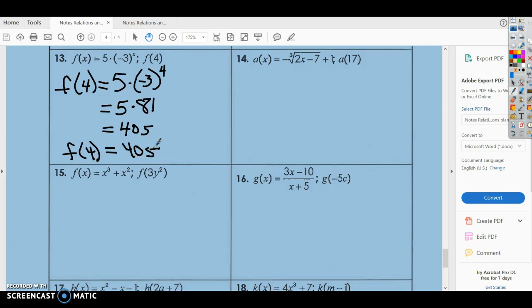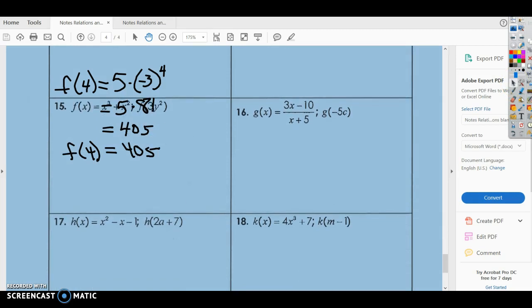Before I shut this off, let's just go over one that has a variable in it just to make sure you know how to do that. So if you skip down to number 16, number 16 says g of negative 5c. Let's see what we got down here. Let's see which one looks the best.